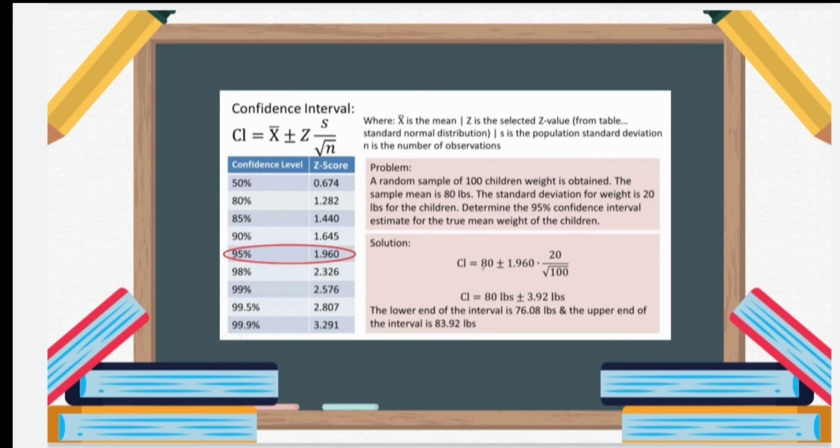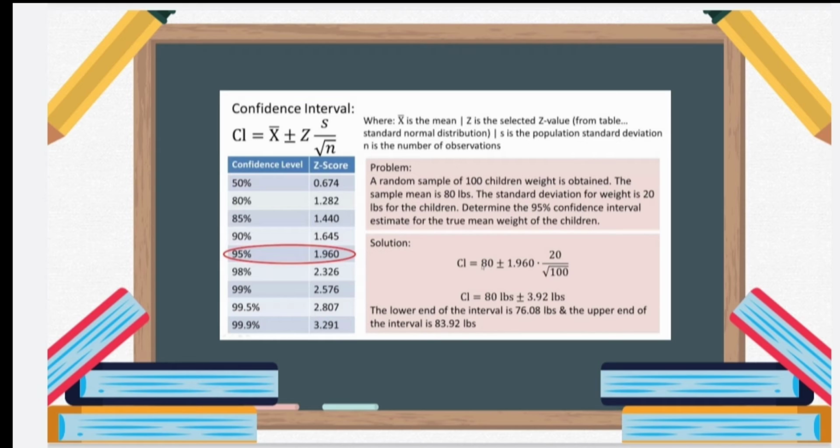So i-explain ko sa inyo mamaya kung paano nakuha yung 1.96. So ang sagot sa 80 plus or minus 1.96 times 20 over square root of 100 is 80 lbs plus or minus 3.92 lbs.